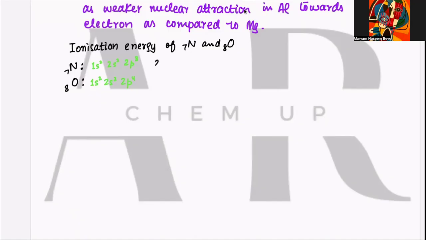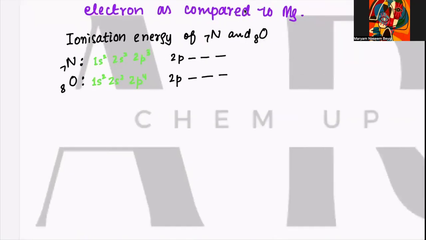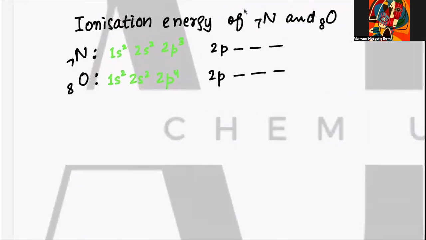So it means that over here in nitrogen, the 2p, the valence subshell, has 3 orbitals. And over here, again, the valence subshell has 3 orbitals. Now when I fill the electrons in these orbitals, I represent it like this. In nitrogen, there are 3 electrons only. So first, each orbital gets 1 electron. So all of the 3 orbitals of nitrogen have 1 unpaired electron in each of them.